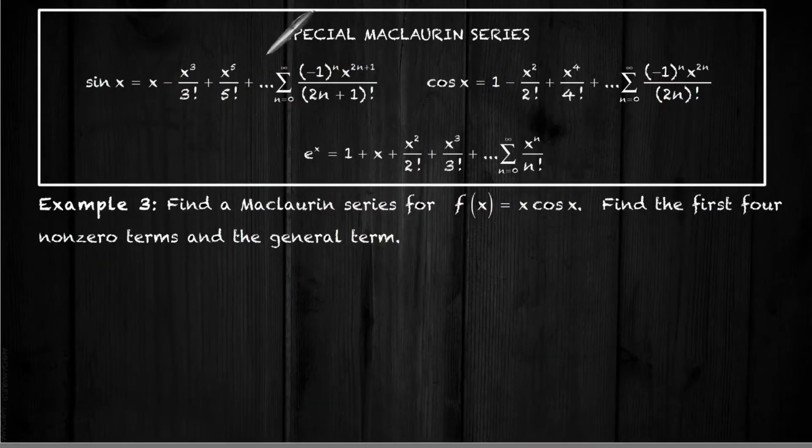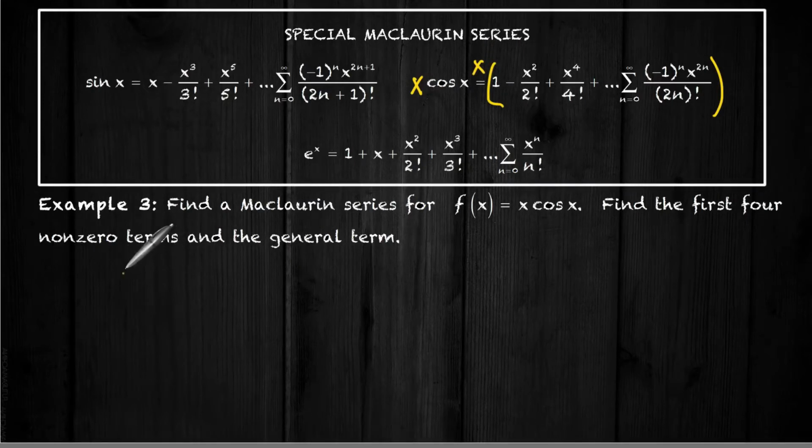All right, in this third example, it says find a Maclaurin series for f of x equals x times cosine of x. So this is a pretty simple one. All we need to do is take our Maclaurin series for cosine of x and simply multiply it by x. So we're going to take each term and multiply it by x. So maybe we will put this like this, and we can see that we just need to distribute the x in there.